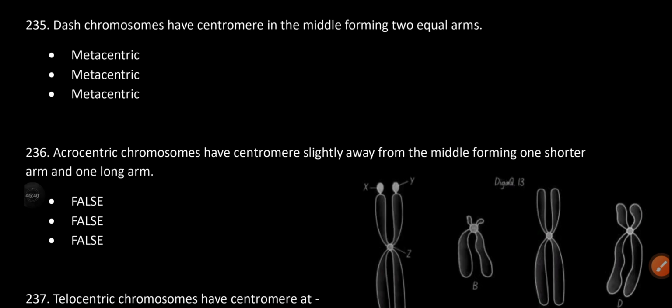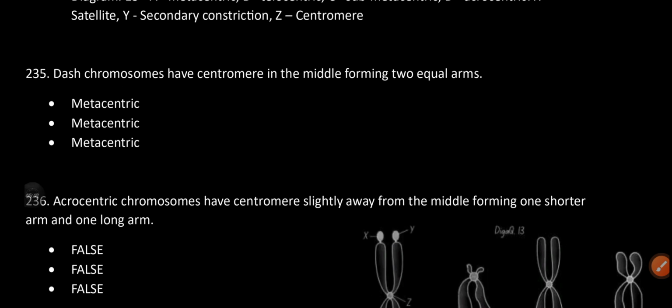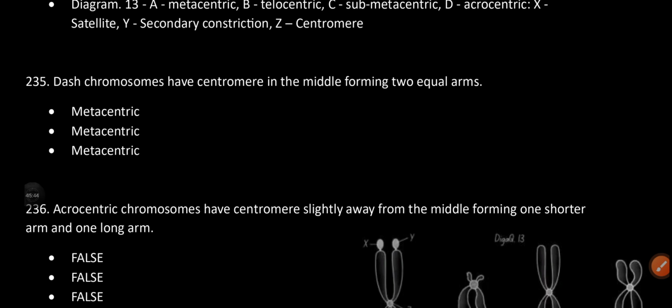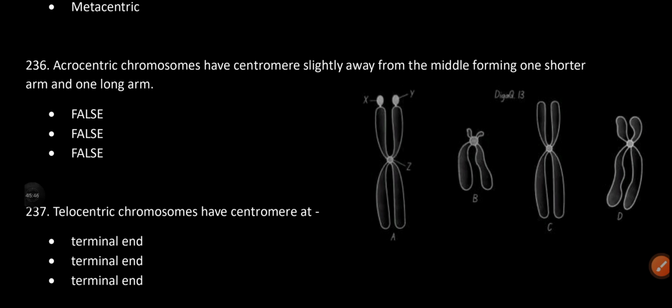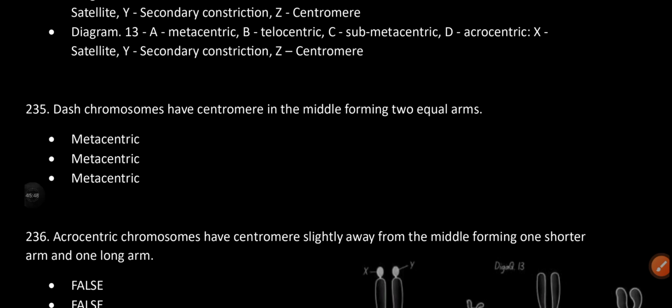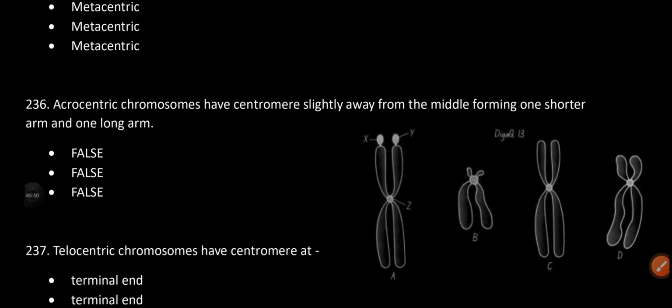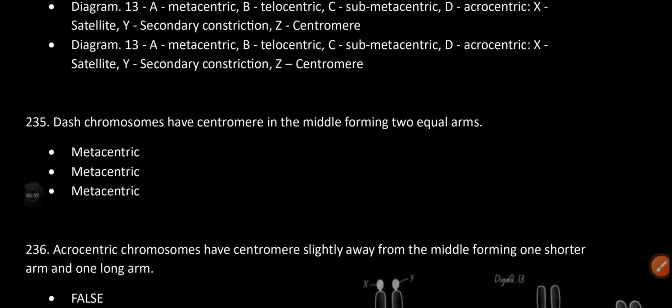Identify the types of chromosome based on the position of centromere shown in diagram 13. Label X, Y, and Z. A metacentric, B telocentric, C submetacentric, D acrocentric.